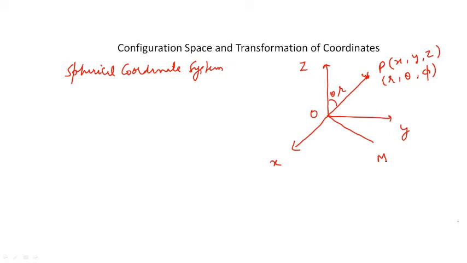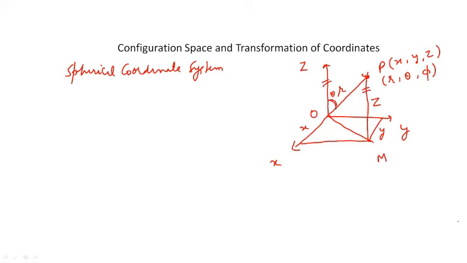So here first I will complete the diagram. Let us say this distance is your x, this distance is your y, and this distance is your z, because this line is parallel to this line.